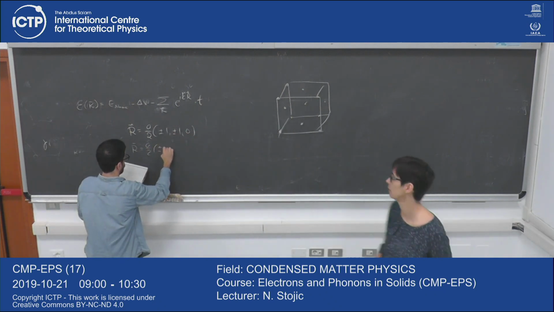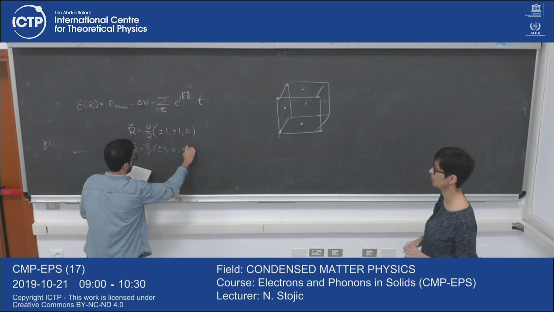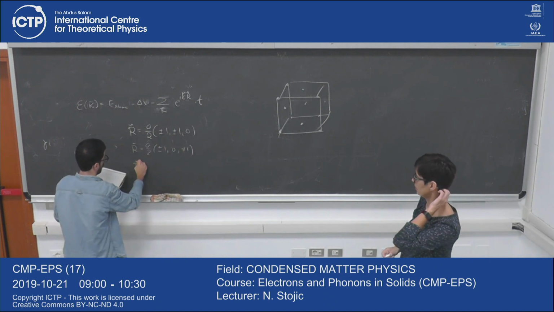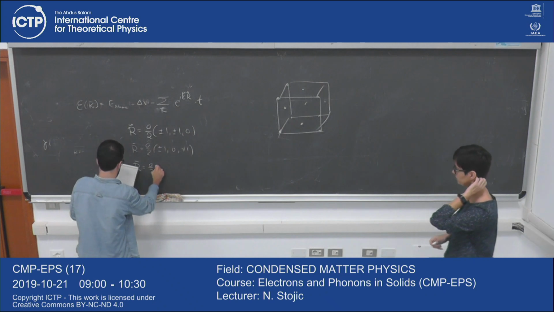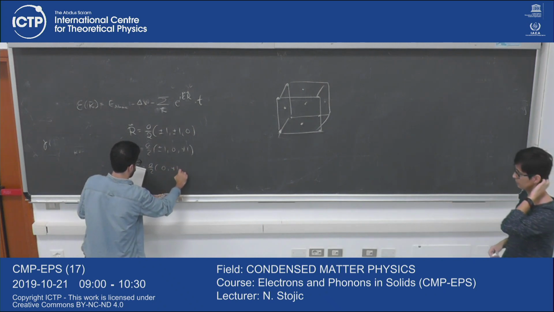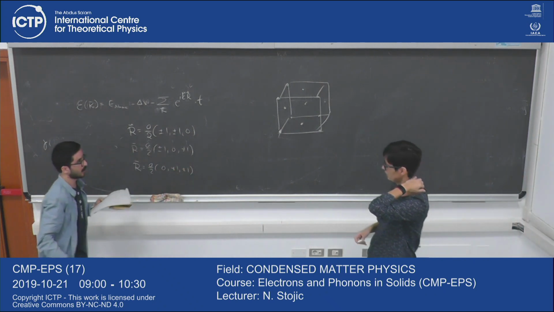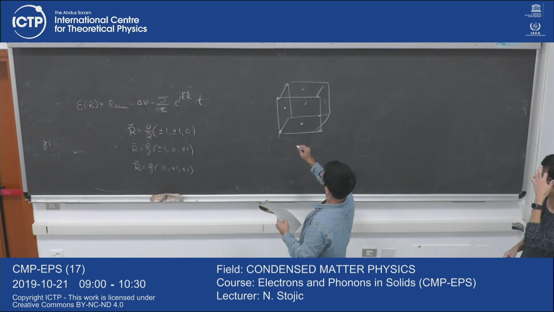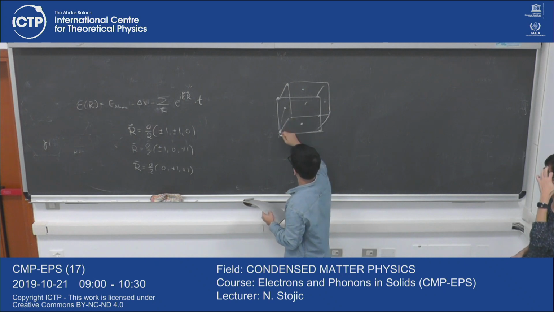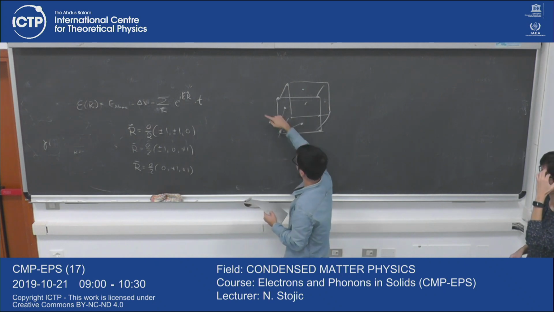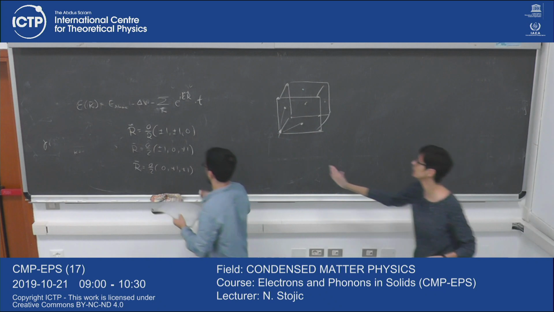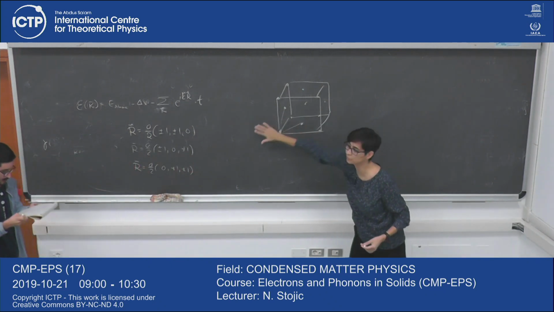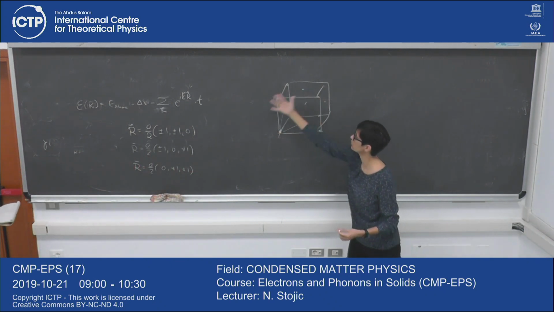Then I have plus minus 1, 0, plus minus 1, 0, and then a third set, which is a over 2, 0, plus minus 1, and plus minus 1. It's hard to imagine. It's like this vector down there, this vector down there, and another in the plane. In this plane there are 4 neighbors, in this 4, and then in this 4.